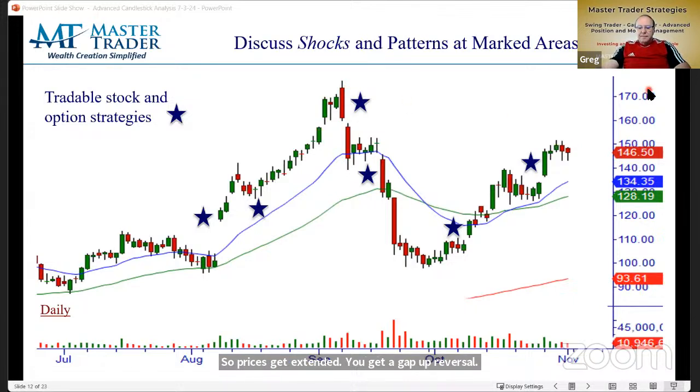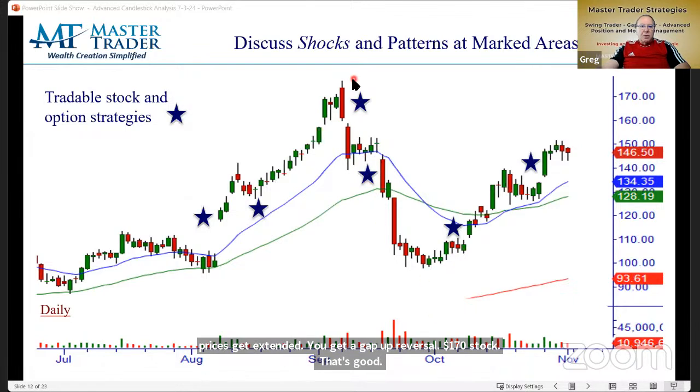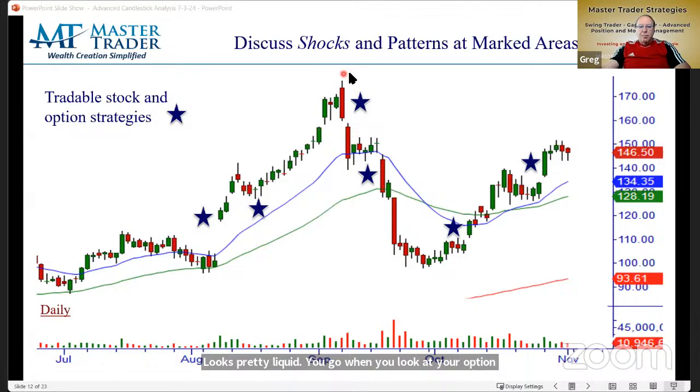That's good. Looks pretty liquid. You go and you look at your option table and say, okay, are there premiums up above this area where I can sell one option, buy another option, get a credit, and I get to keep that credit as long as it doesn't go up there by the time the options expire. It's that simple. And it'll be the same thing here.